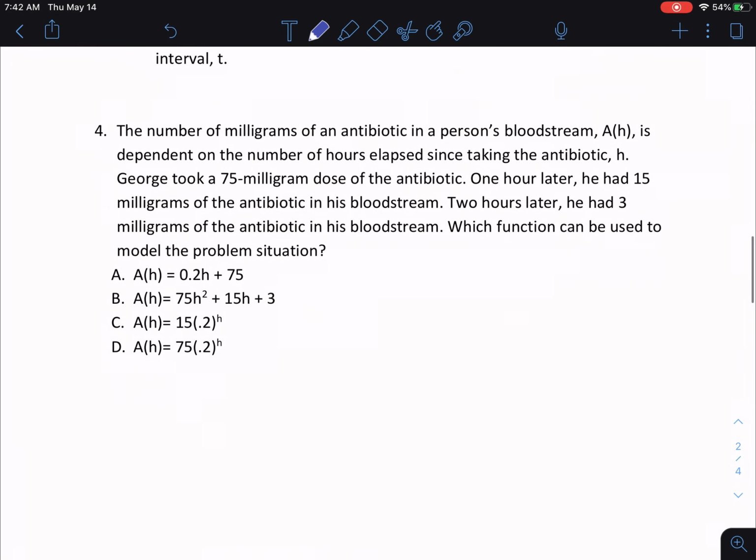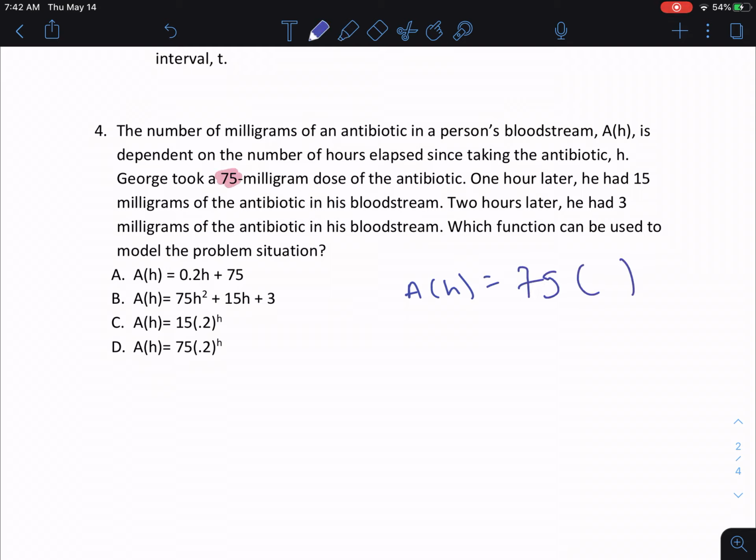Okay, number 4. The number of milligrams of an antibiotic in a person's bloodstream, A(H), is dependent on the number of hours elapsed since taking the antibiotic, H. George took a 75 milligram dose of the antibiotic. So the 75, that is our initial value.